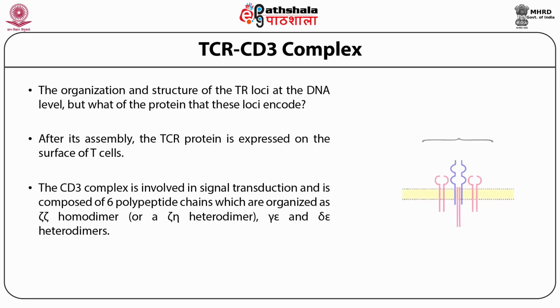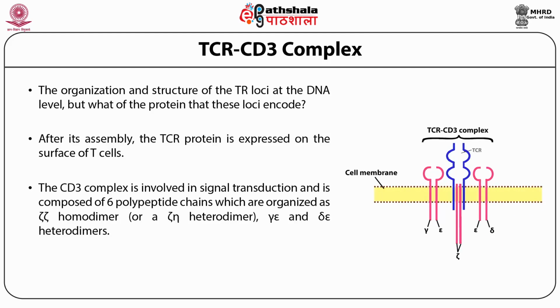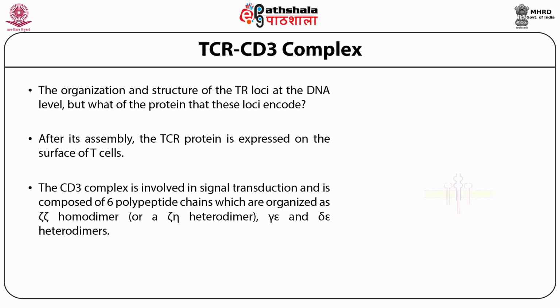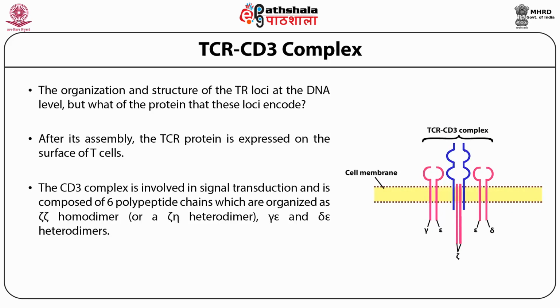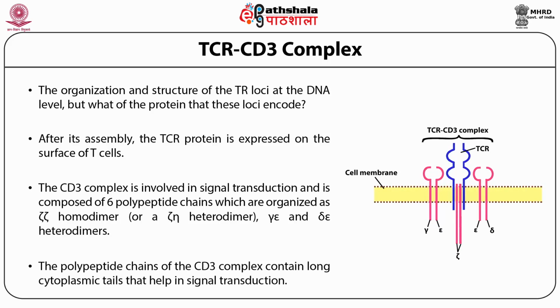Although they bear the same names, the gamma and delta chains of CD3 complex differ greatly from gamma and delta chains of the T cell receptor. The polypeptide chains of the CD3 complex contain long cytoplasmic chains that help in signal transduction.